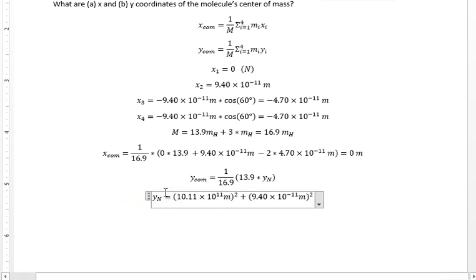So the vertical distance is the hypotenuse squared minus the other side squared.